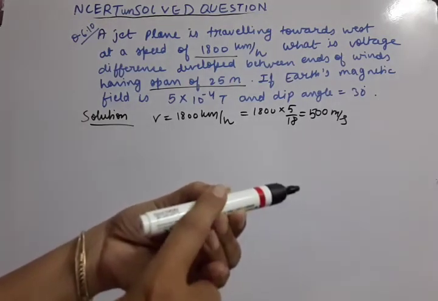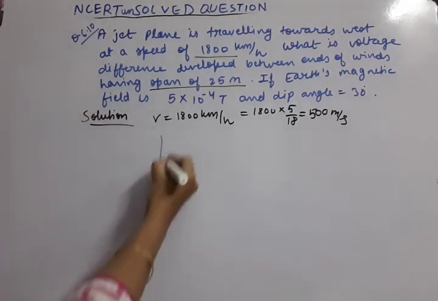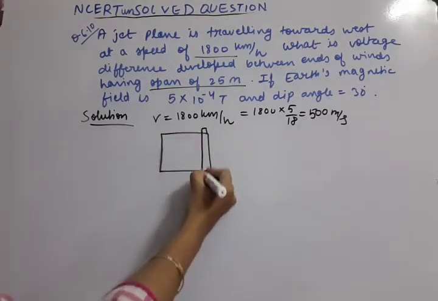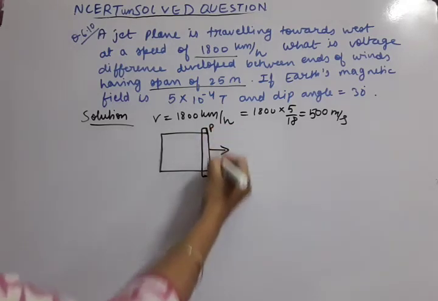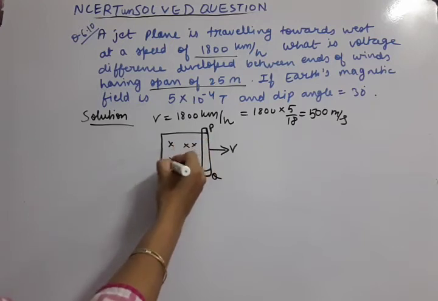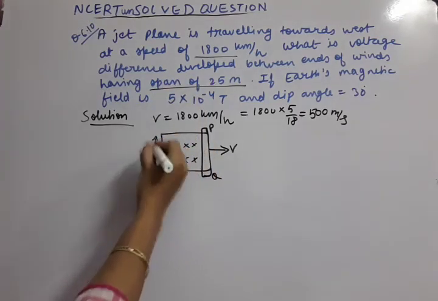Earth's magnetic field. We have discussed the case when this rod PQ is moved in this direction, the magnetic field is dot or cross, that means normally inwards, and the length is this way.